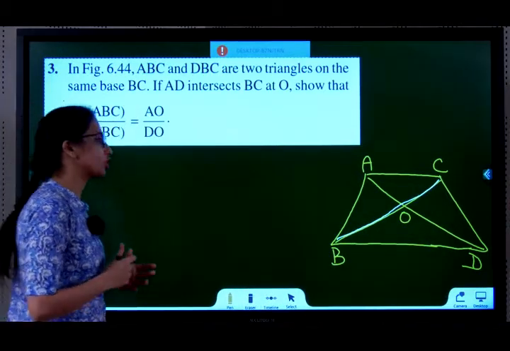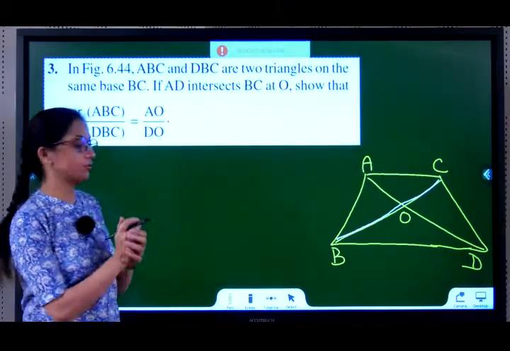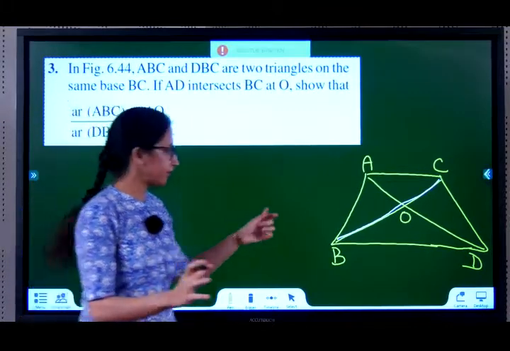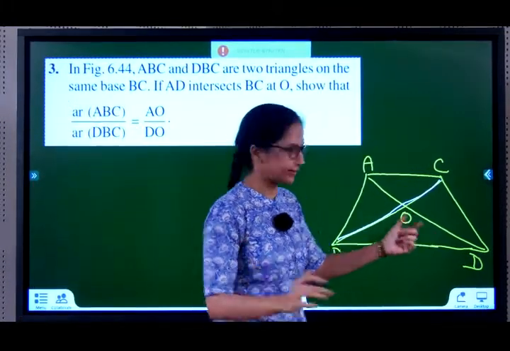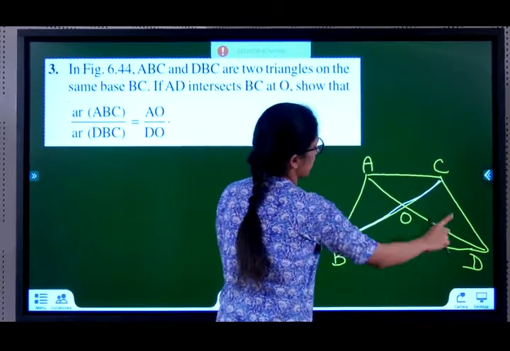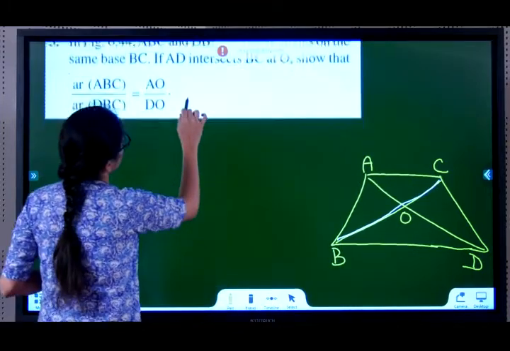Ma'am, we learned that ratio of areas of similar triangles is equal to ratio of their sides squared. Then where's the square? Please observe, AO and DO are not the sides. AC, AB, BC, DC, DB, BC are the sides. So don't get confused with that.